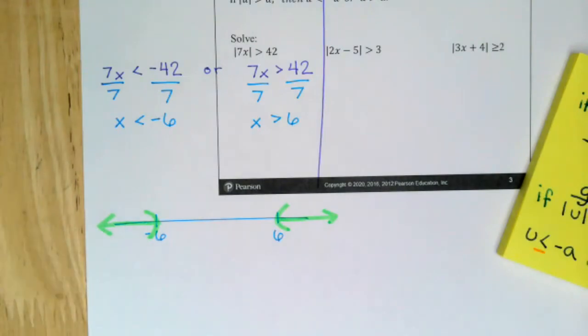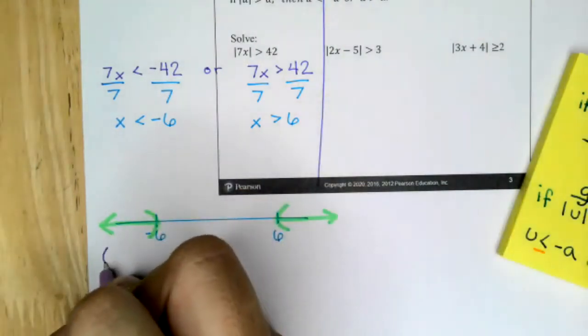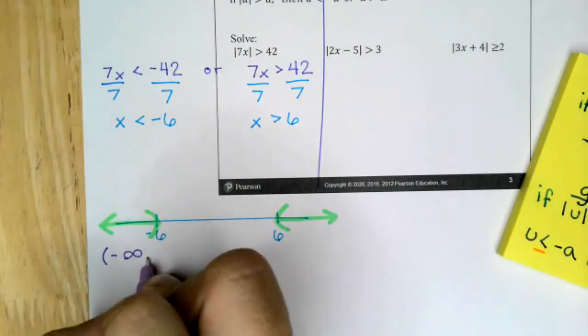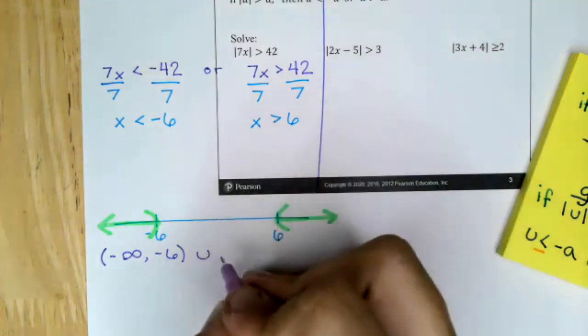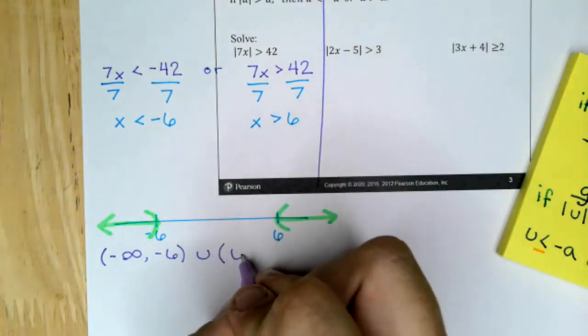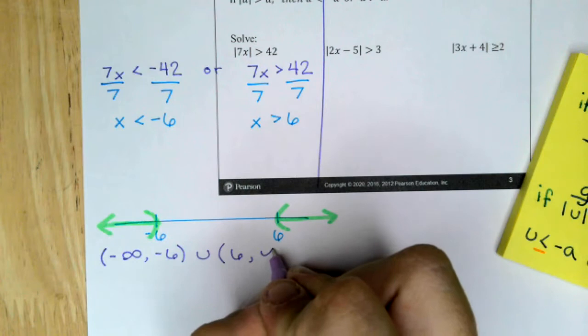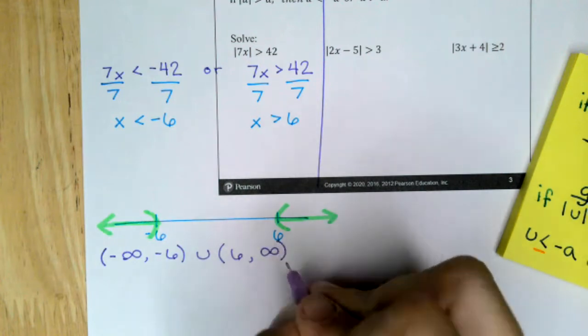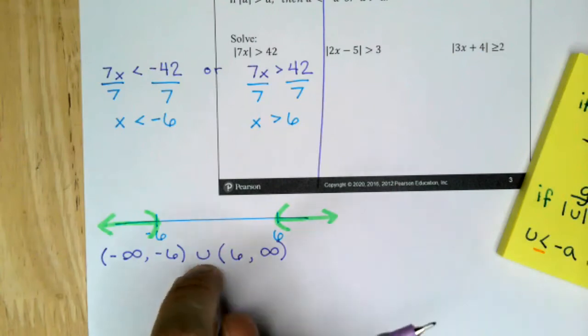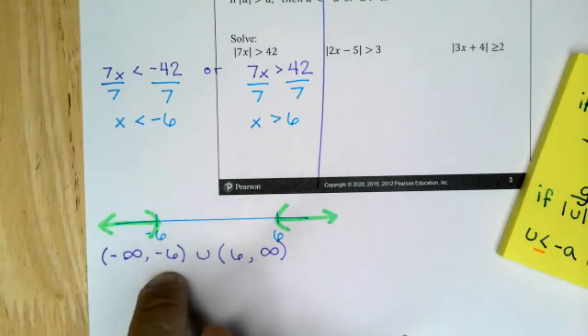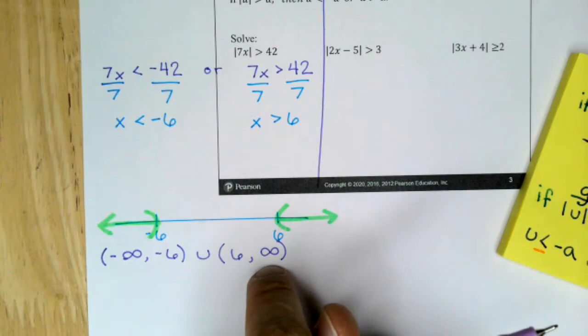So that will look like -infinity to -6, 6 to infinity. The union of -infinity to -6 and 6 to infinity.